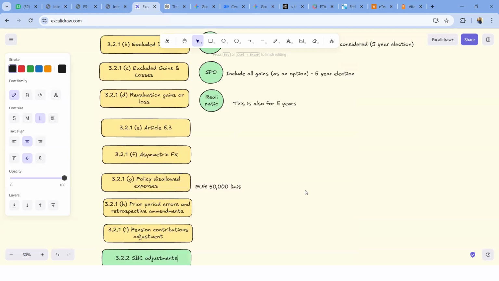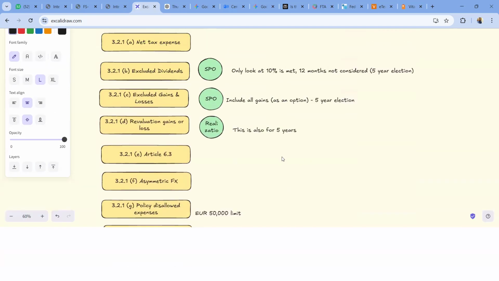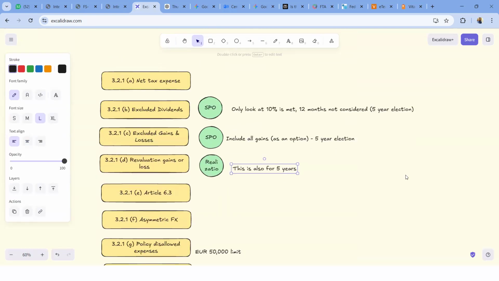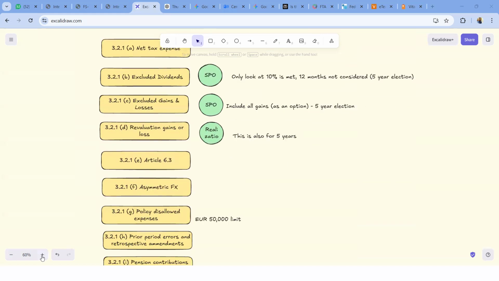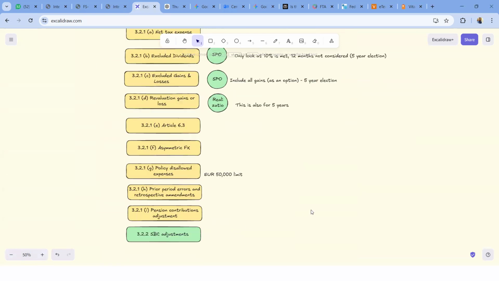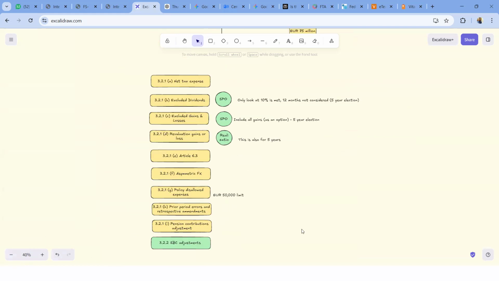So these are the mandatory adjustments, guys. So these are the 10 adjustments or 9 adjustments and 4 elections.